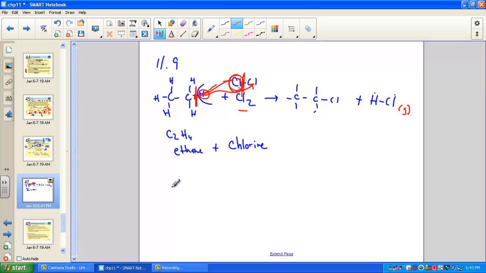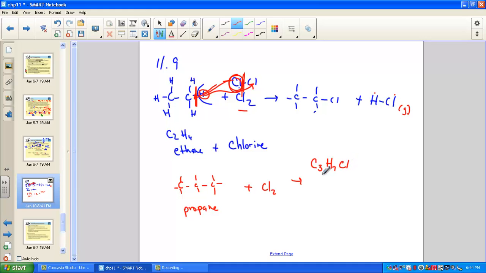The reaction of propane, CH3, CH2, CH3, the molecule called propane, reacting with chlorine. It's going to give us two products, each with the molecular formula C3H7Cl.